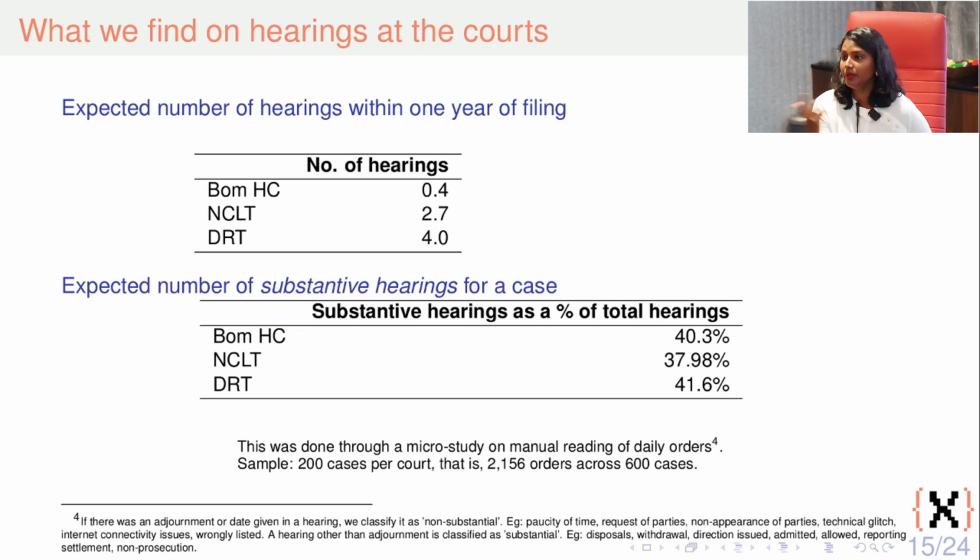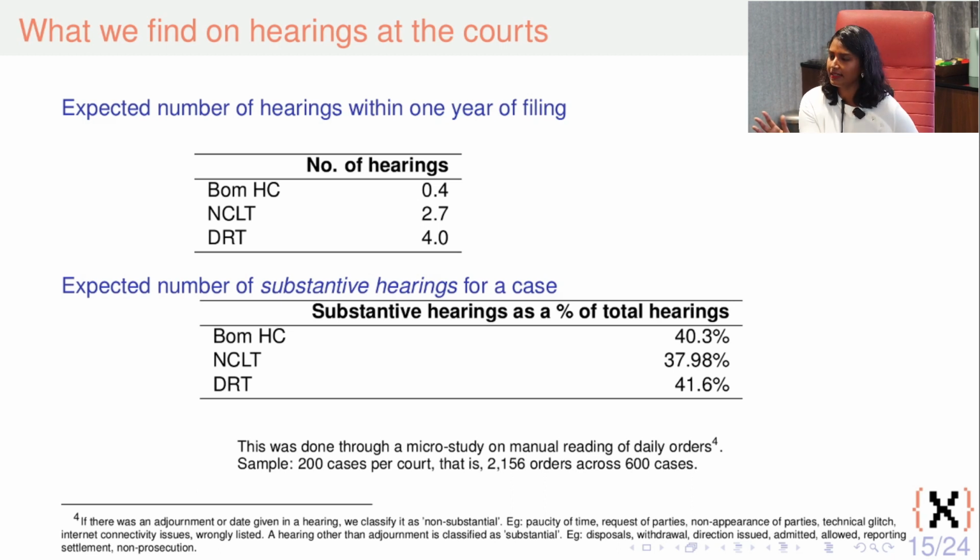And how did we make this classification? If a particular hearing is termed as adjournment, or the case didn't come up for a hearing, or it was wrongly listed, anything to do with parties not appearing, technical glitch on the part of the court, all that is termed as non-substantive hearing.